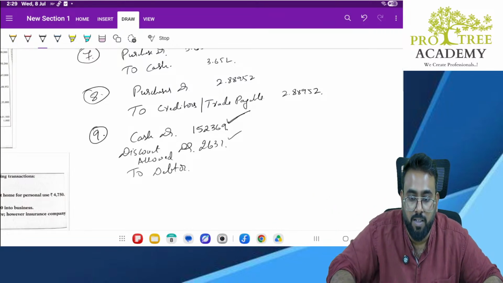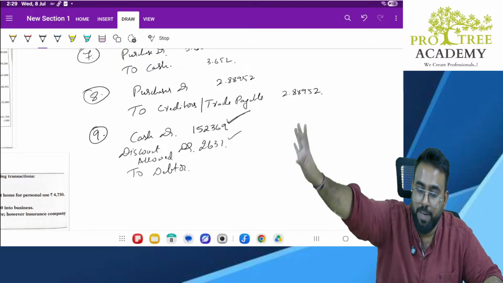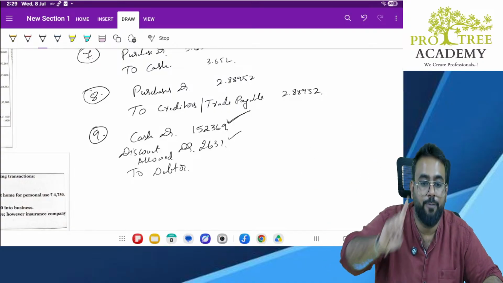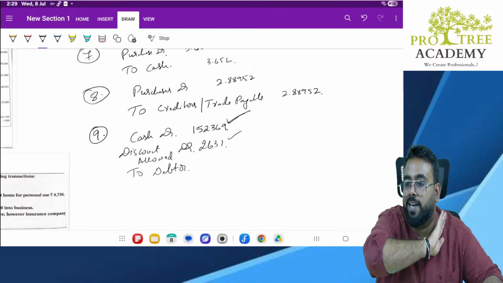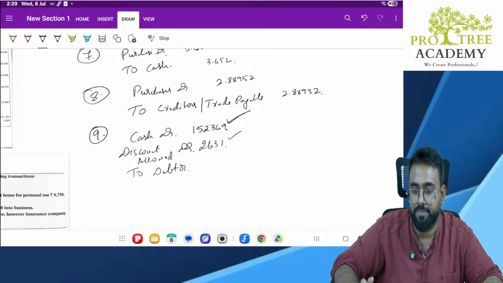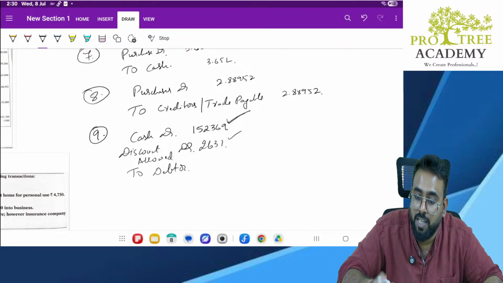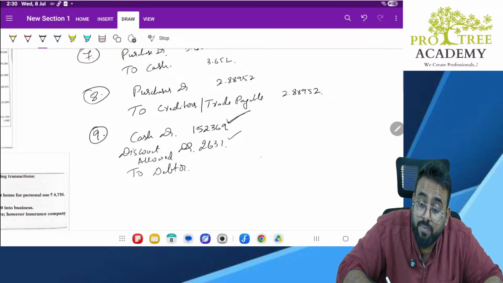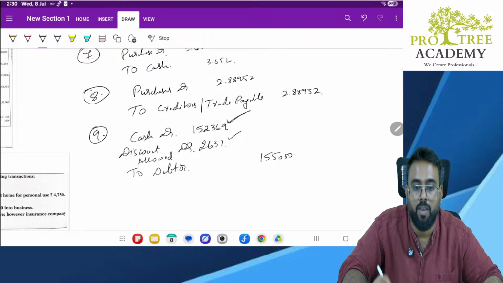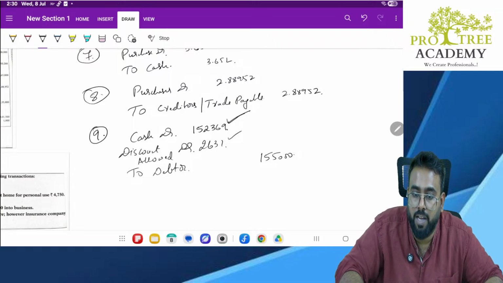No. So his balance should come down by complete 10 lakh because I promised him if you pay 9.5 lakh, it will be considered as your 10 lakh is paid. Clear? So now here it is 152,369 plus 2,631. How much is it? 1,55,000. Am I clear? Everybody is understanding? Yeah? Any doubts?